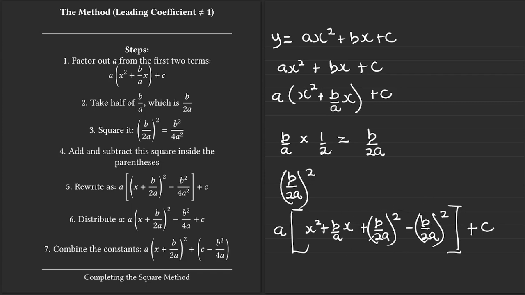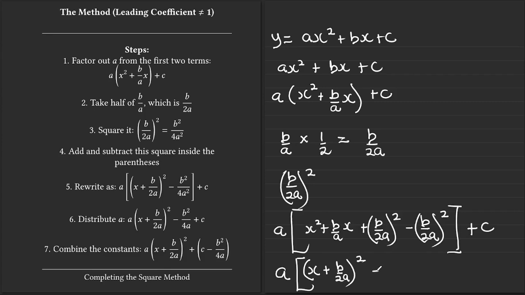So with this, you remember from our previous proof that these three terms here can be factorized. Factorizing them gives us our a, then into bracket x plus b over 2a, all squared, that is these three terms.